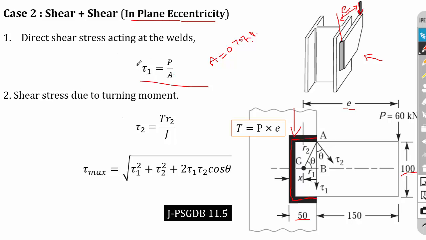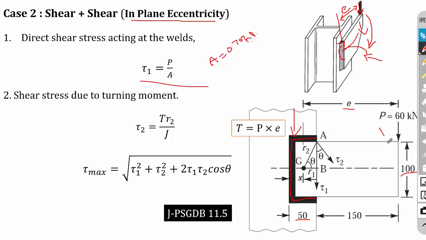And the second one is with considering the eccentricity. So consider the eccentricity, the load is acting here. Okay, so if the load is acting here, then what will happen is it will try to rotate the plate like this. So the plate is like this. When the load is acting, then it will try to rotate the system like this, and because of this rotation, a secondary twisting moment is produced here.